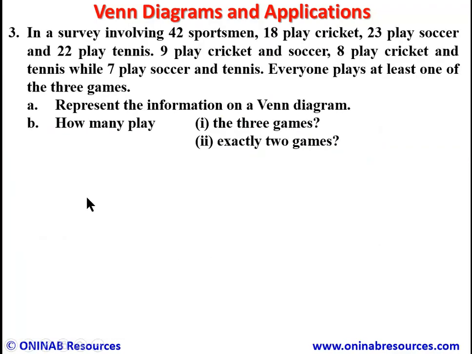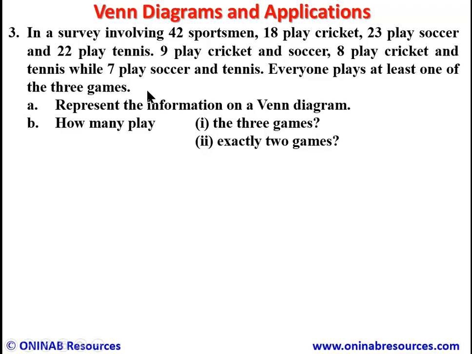In problem 3, in a survey involving 42 sportsmen, 18 play cricket, 23 play soccer, and 22 play tennis. 9 play cricket and soccer, 8 play cricket and tennis, while 7 play soccer and tennis. Everyone plays at least one of the 3 games.